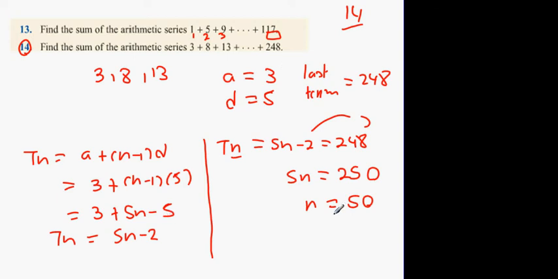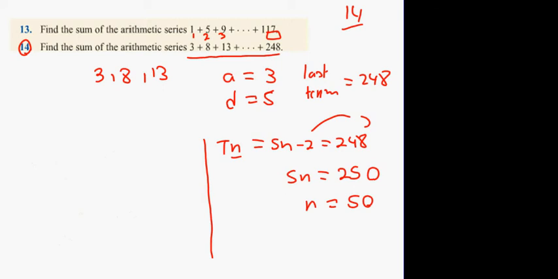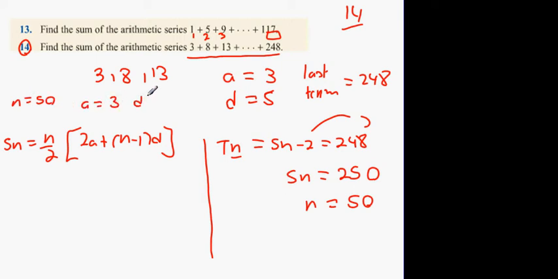Now that we know it's the 50th term, what we need to do is find the sum of the first 50 terms. So we're going to use the Sn formula: Sn equals n over 2 into 2a plus n minus 1 times d. We know n is 50, a is 3 and d is 5.